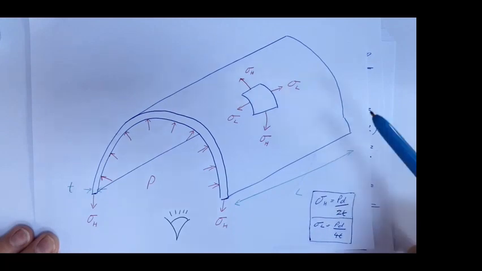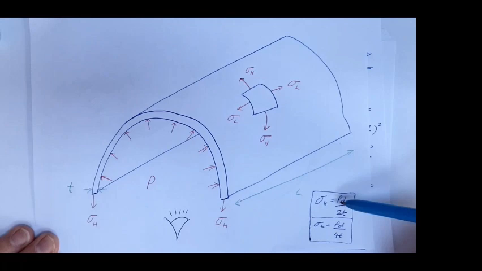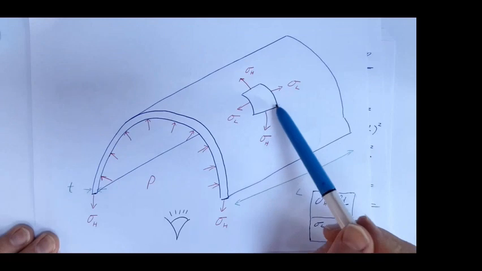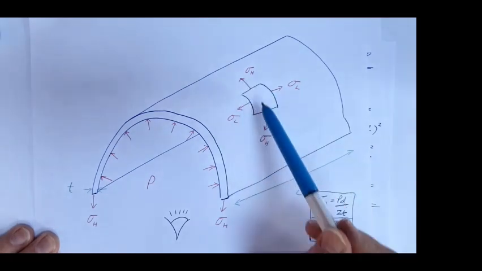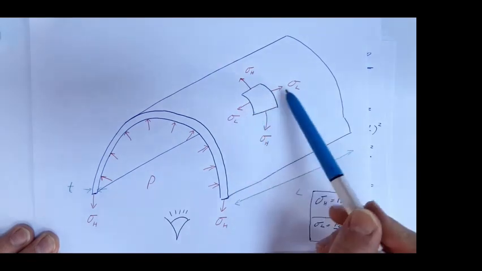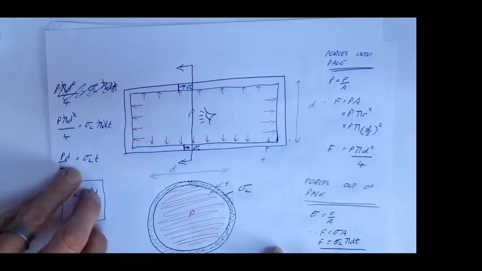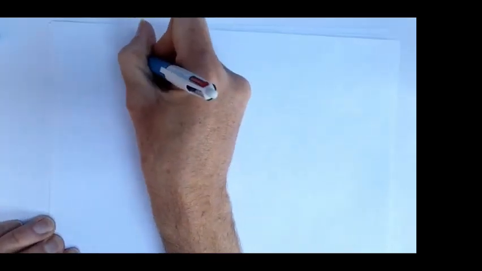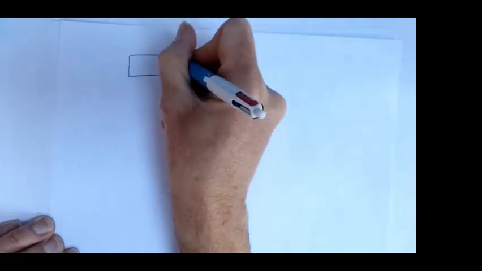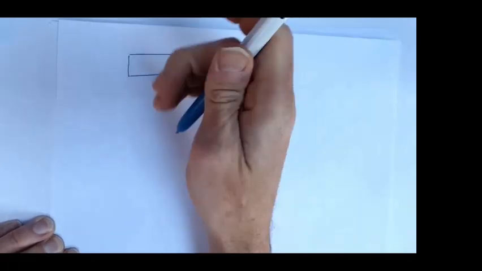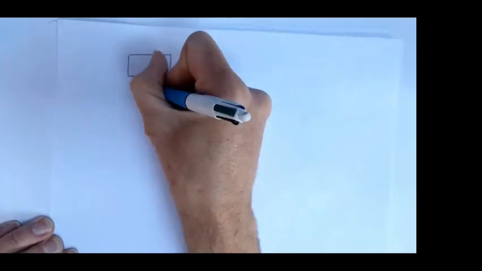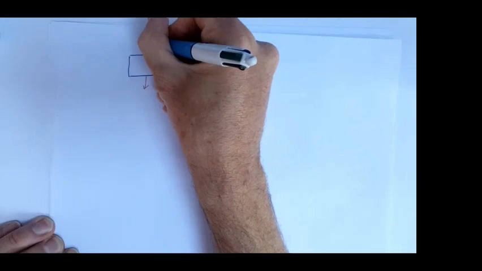Let's now consider how that cylinder changes in length due to those stresses. Okay, so let's consider this small piece of material. We're going to have hoop stresses in one direction, and we're going to have longitudinal stresses in the other direction. So let's draw that. There's my small piece of material, and we've got hoop stresses in one direction. Let's draw those vertically.